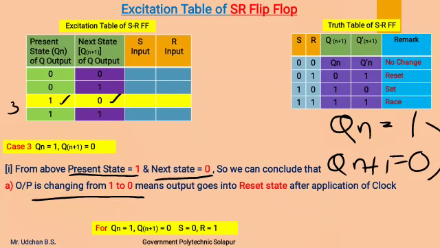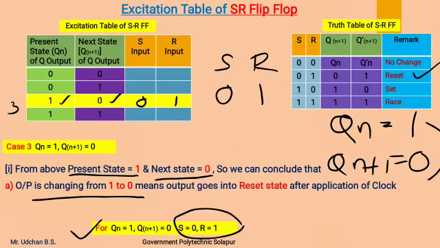It is changing from 1 to 0, and as Qn plus 1 is 0, the output is in the reset state, for which the value of S and R are 0 and 1. So for the third case, that is for Qn is equal to 1, Qn plus 1 equal to 0, the S will be 0 and R will be 1.